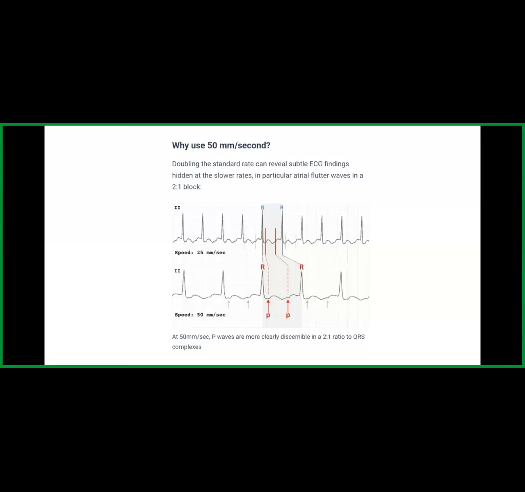Here the P wave shown does not have any subsequent transmission to the ventricle, and this is the sawtooth wave pattern seen in atrial flutter with 2:1 block. So after two P waves, the third wave has a QRS complex.